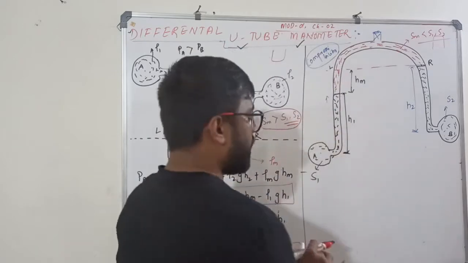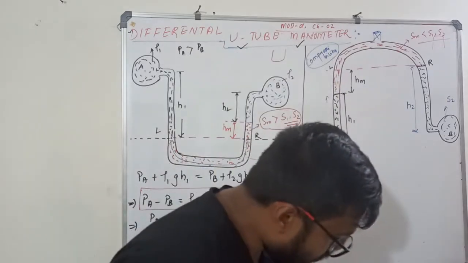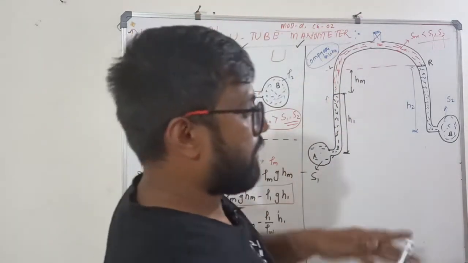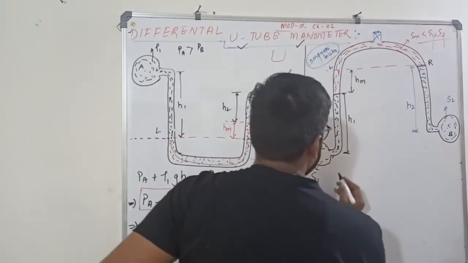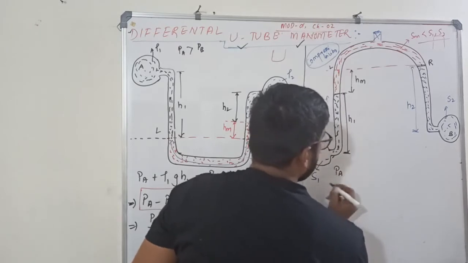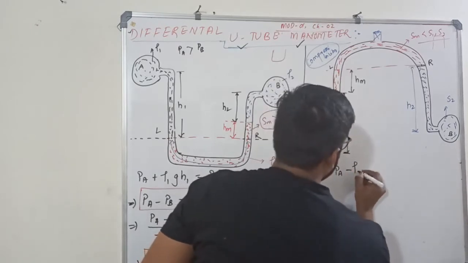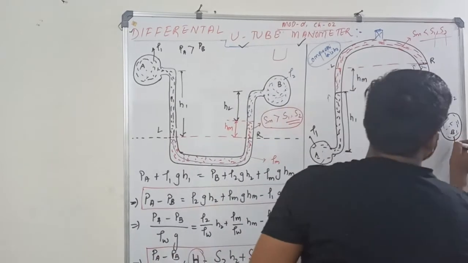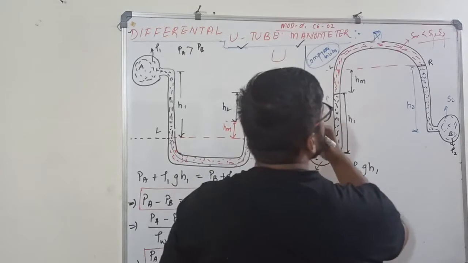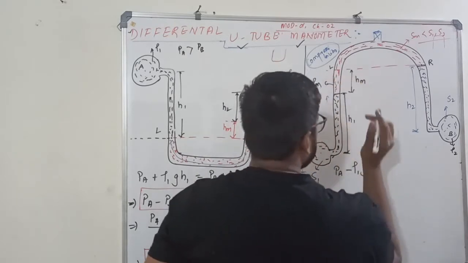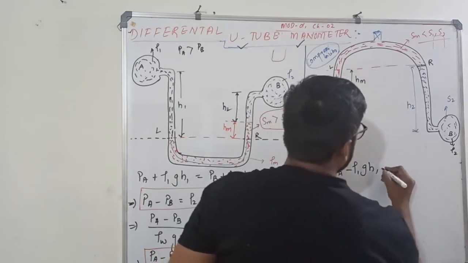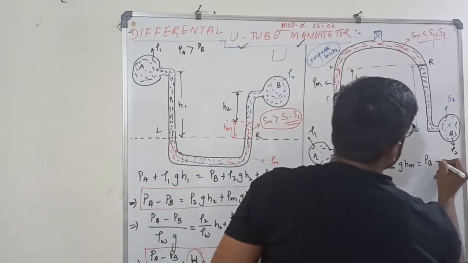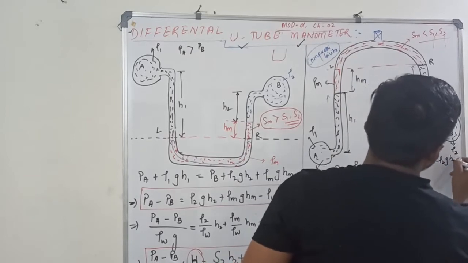Now apply your gauge equation. You know, downward positive, upward negative. So if I write the gauge equation here, what I get? PA minus rho 1 g h1, density here is rho 1, density here is rho 2, density of this is rho m. Minus rho m g hm is equal to PB minus rho 2 g h2.